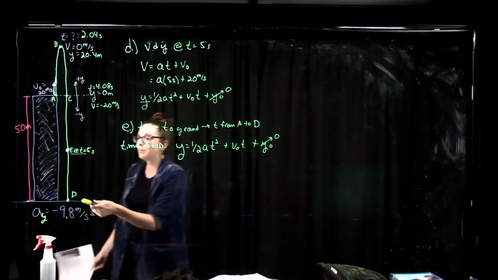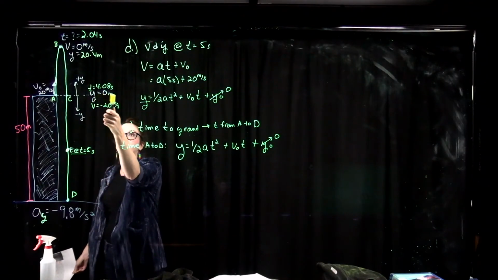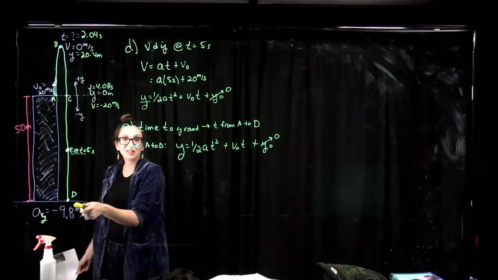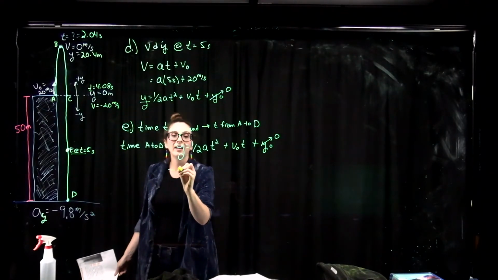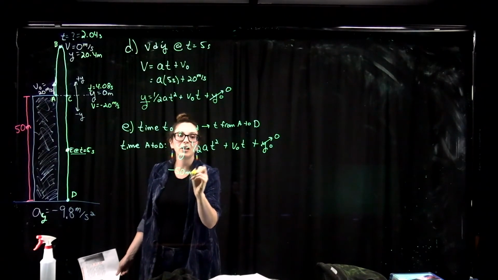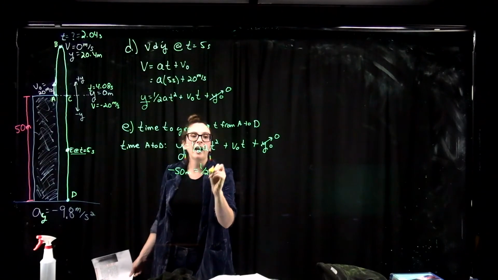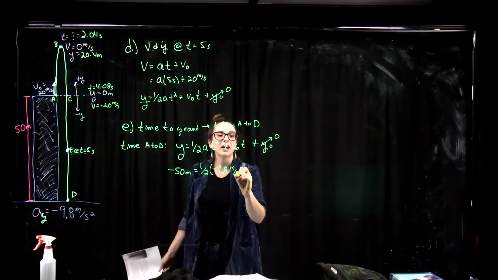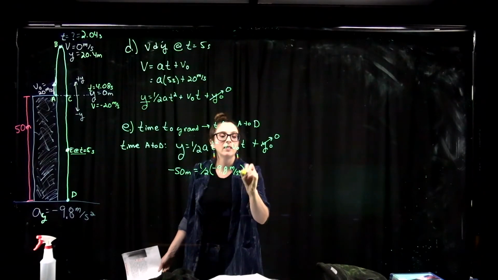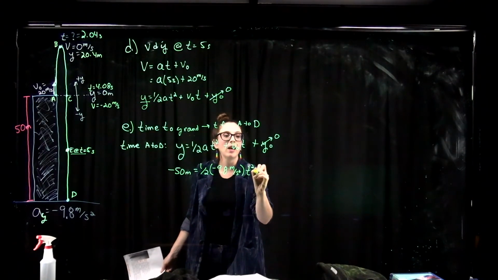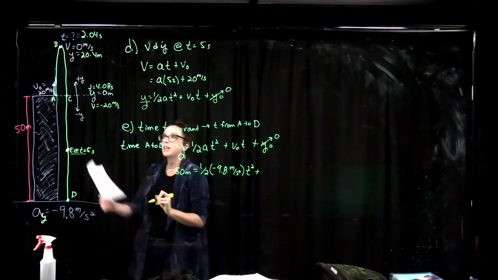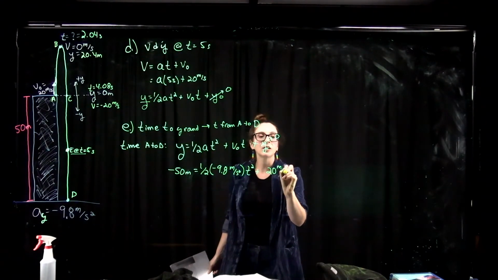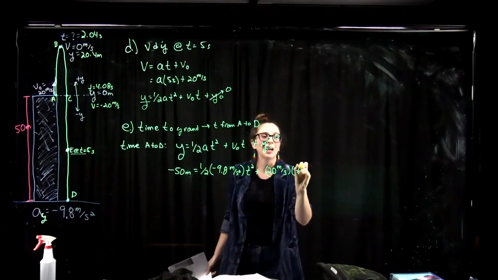Our final y position at the bottom of our building is going to be minus 50 meters. That's equal to 1/2 times our acceleration, minus 9.8 meters per second squared, times t squared, plus our initial speed at point A, which was 20 meters per second, times time.